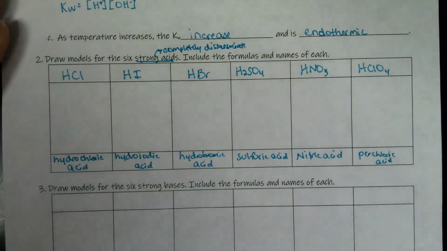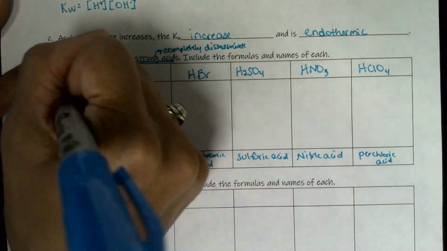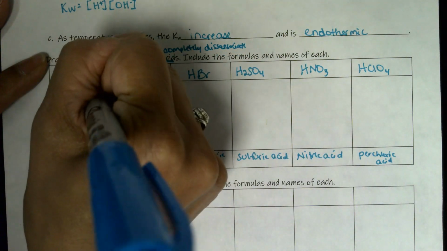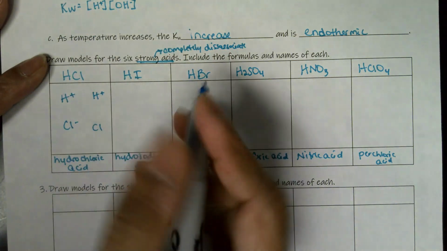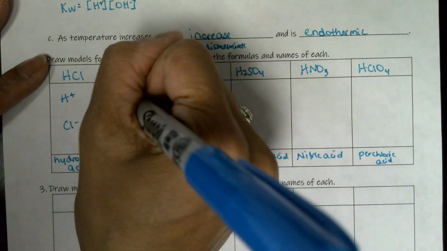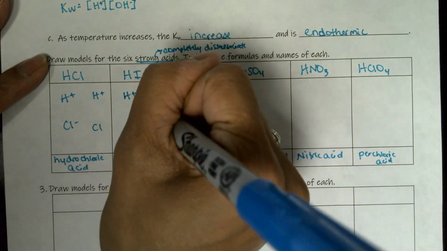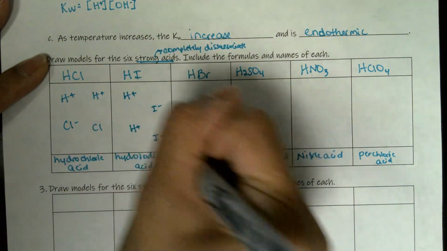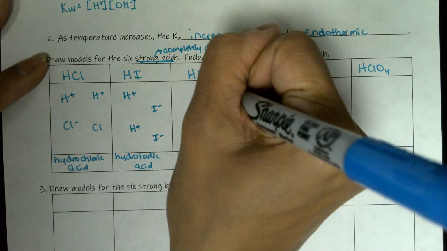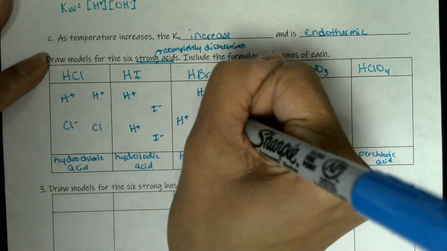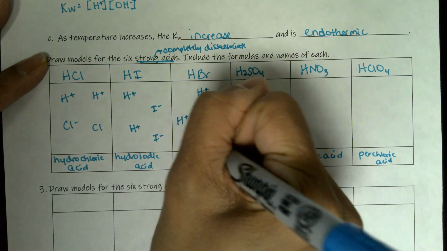It's just a forward reaction. Let's say we have HCl. It'll break up into H pluses and Cl minuses. These are a 1-to-1 ratio. Same thing with H pluses and I minuses, or iodine ions. We have for hydrobromic acid, H plus and Br minus.